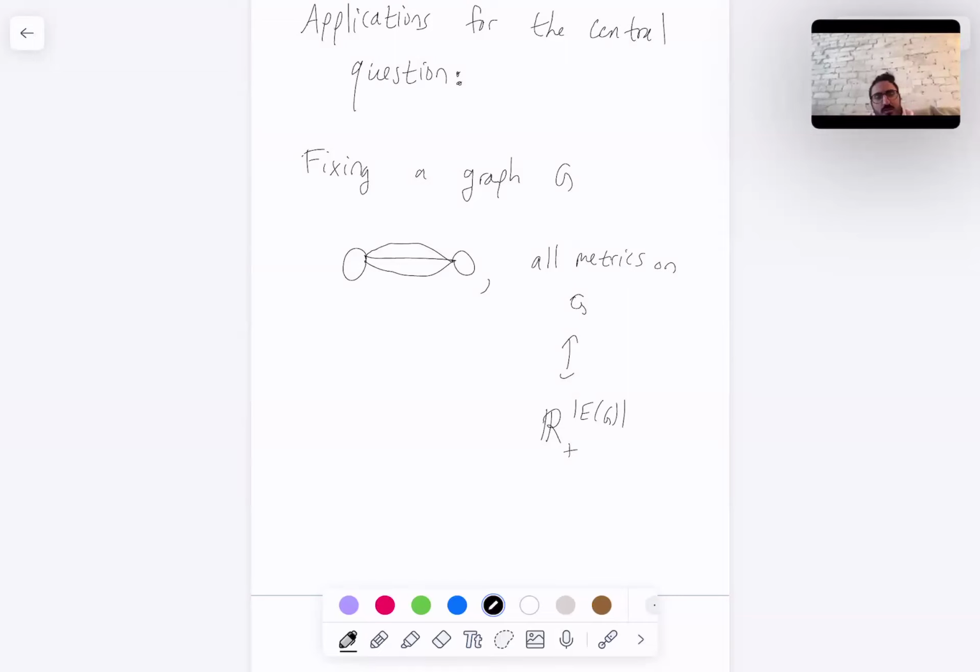If I hand you a metric on G, it's equivalent to handing you a positive weight to each edge, and so one obtains this identification.